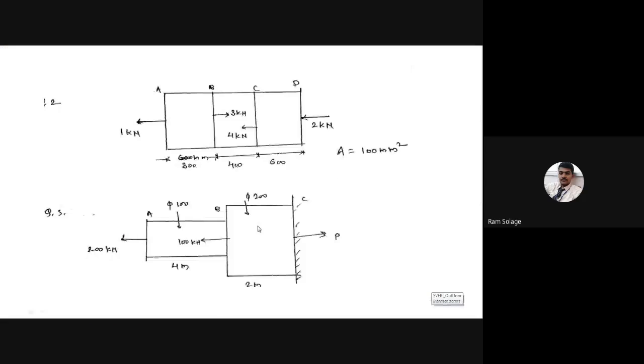What is the answer? So 0.035 mm. Plus or minus? Plus, sir. Correct.